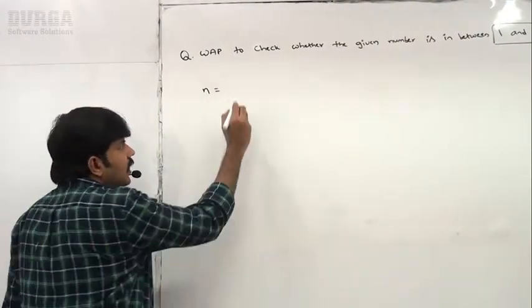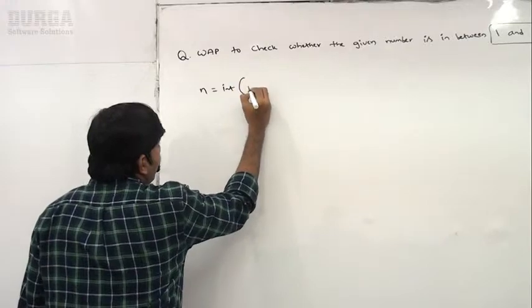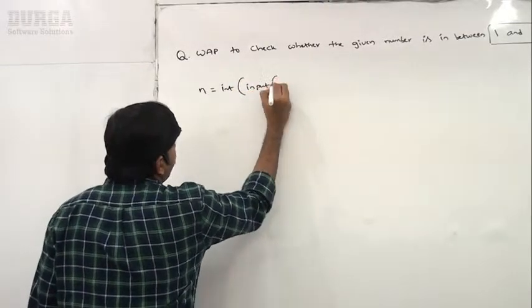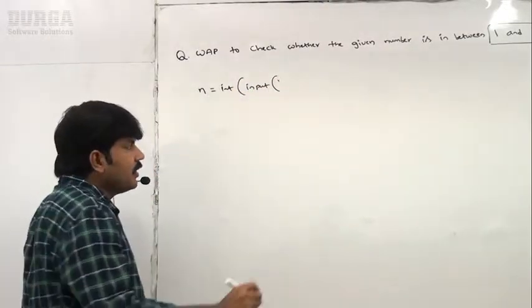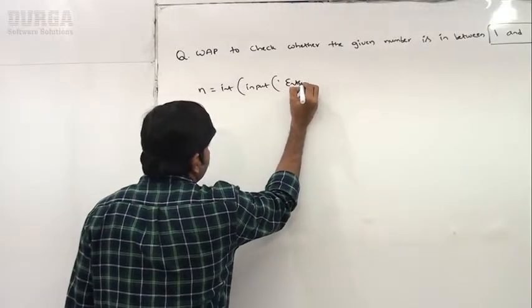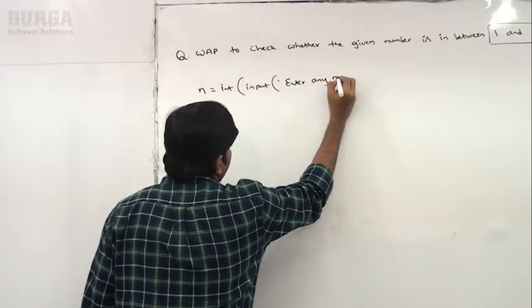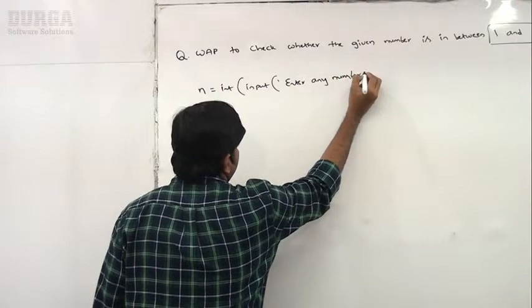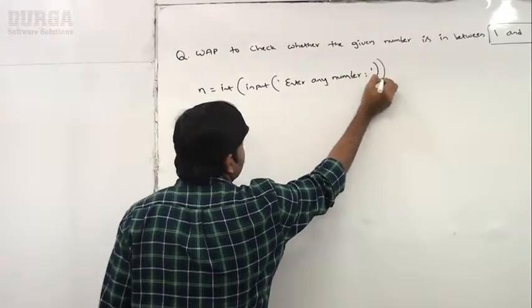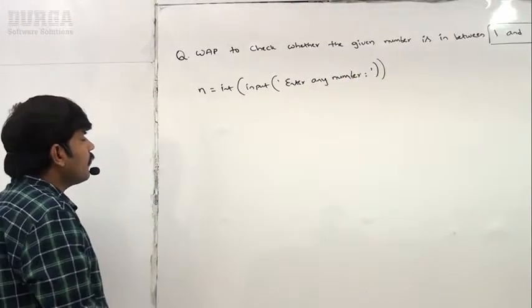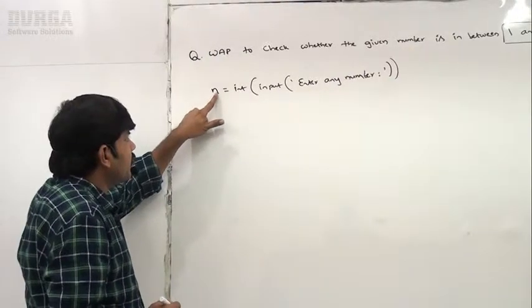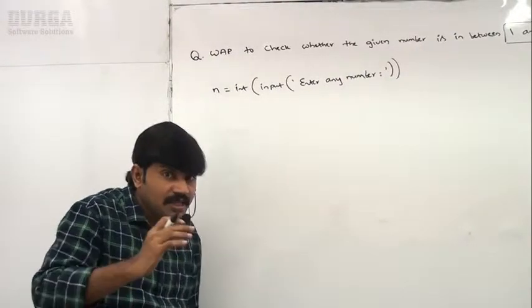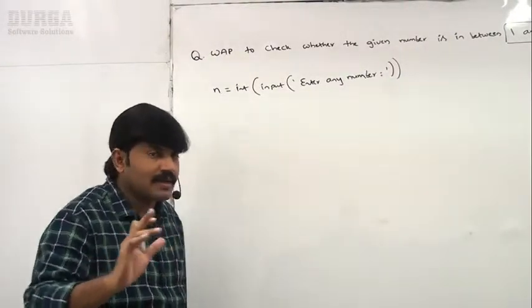N is equal to int of input of "Enter any number". Like this I am taking, sir. Now I have to check whether this number is in between 1 and 100 or not.